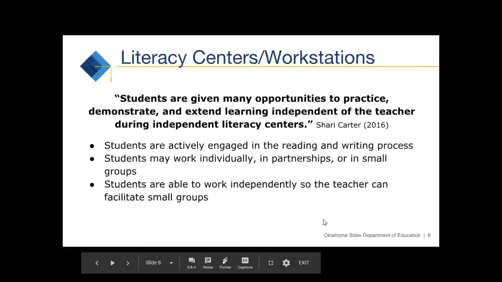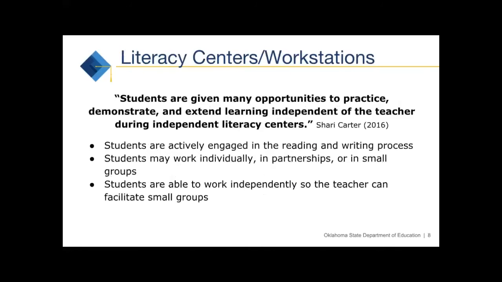Literacy centers and workstations: this is where students get the opportunity to practice skills that have been taught during whole group and small group. The center should be authentic and engaging and allow students to use reading as the input and writing as the output. That is a good guiding quote to have in your mind when planning your literacy stations.